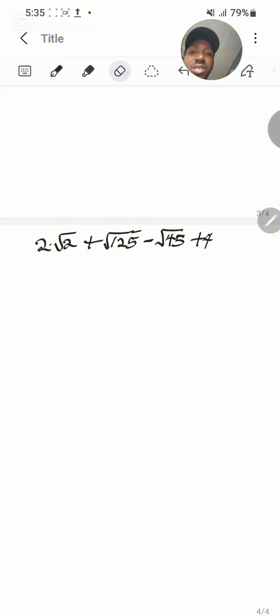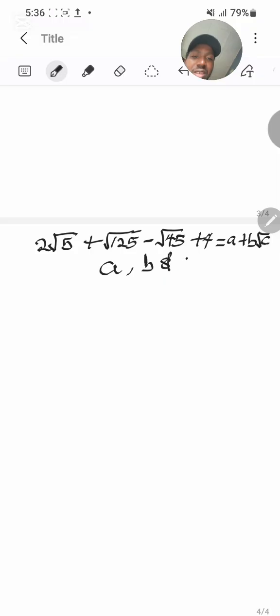Sorry, I made a mistake with the question. It is not 2 root 2, it is 2 root 5. Okay, so we are told that this is equal to a plus b root c. Now the question wants us to find a, b, and c.